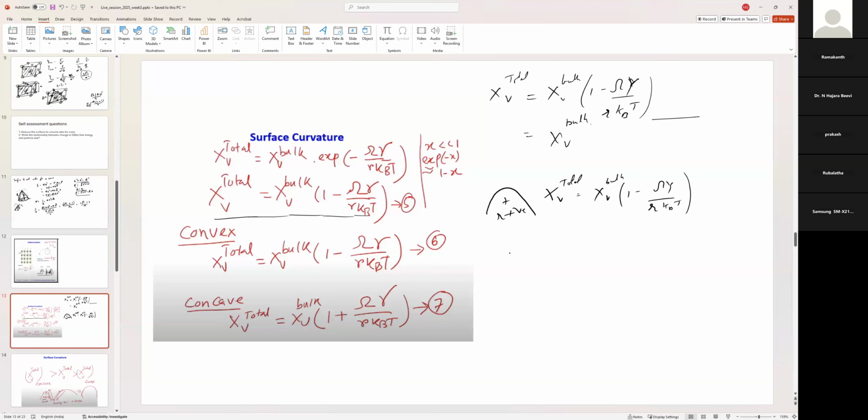So obviously this is less. We're subtracting something from the bulk concentration, so this value is less than the bulk concentration.